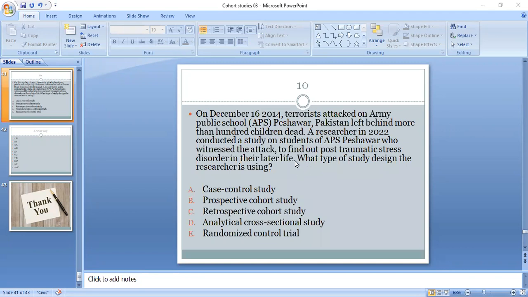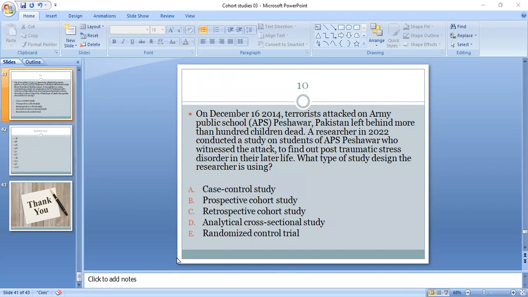So we can't say that the outcome would occur in 2022, or that all the students who were being followed would have it till 2022. It may be in 2023 or 2024 or any day in future. So it should be the ambidirectional cohort study design.